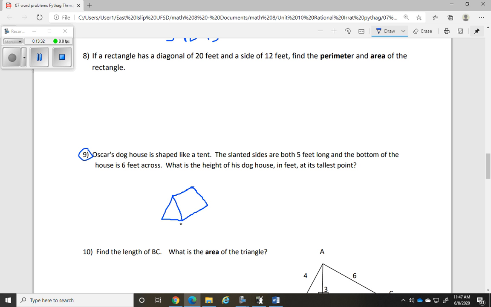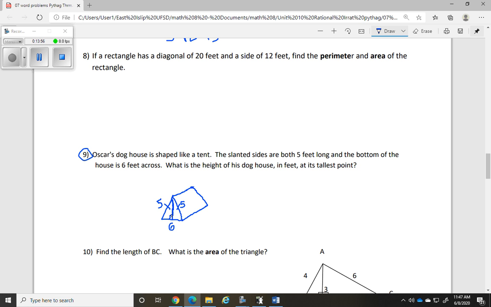That reminds me of a tent. And the slant sides are both 5, so I think they're talking about these sides are both 5 feet long. And the bottom is 6. What's the height of his doghouse? So they're talking about this straight line down the middle.